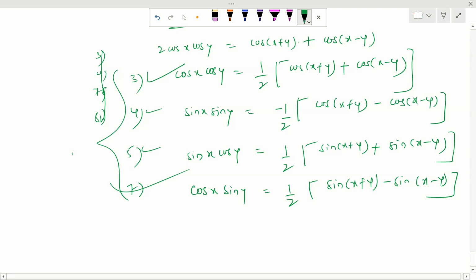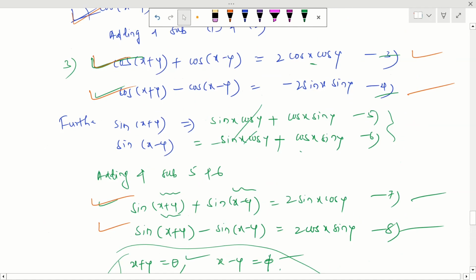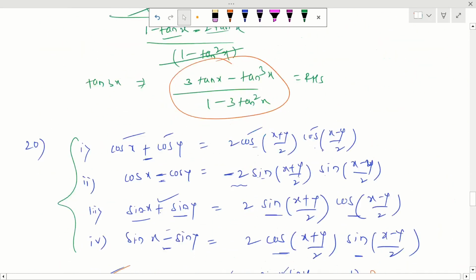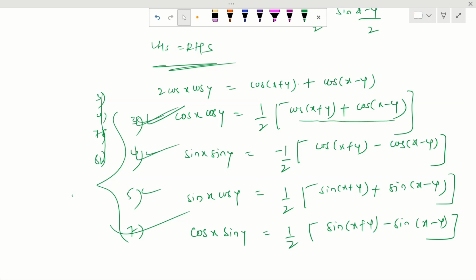These are the new formulas we get from equations 3, 4, 7, 8. Taking these two terms to this side, we have these formulas. When we add cos of x plus y and cos of x minus y, we get 2 cos x cos y.